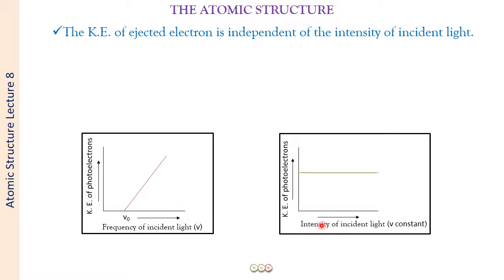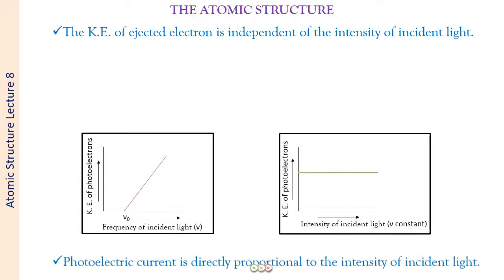Similarly, if you see the relationship between intensity and the kinetic energy, however high the incident light intensity you increase, the kinetic energy of the photoelectron remains constant.